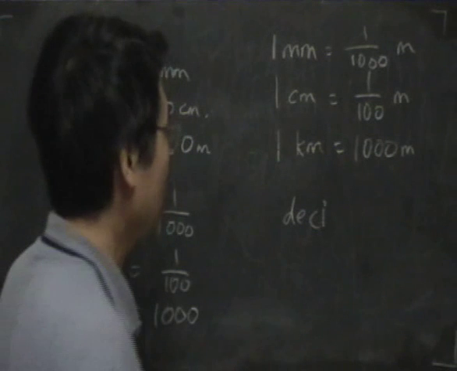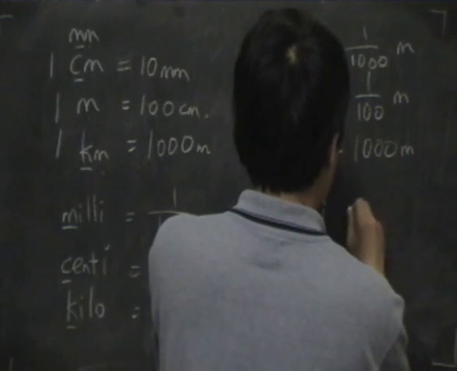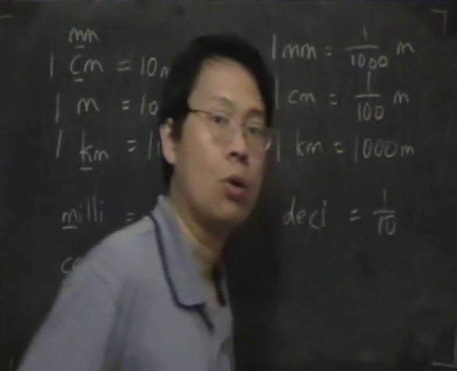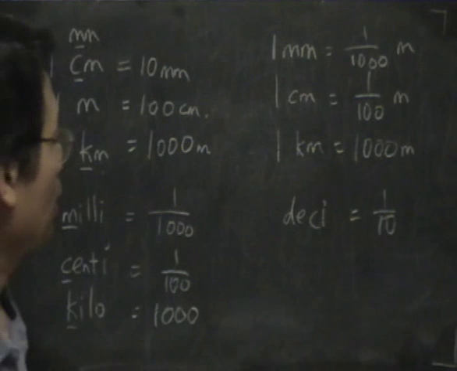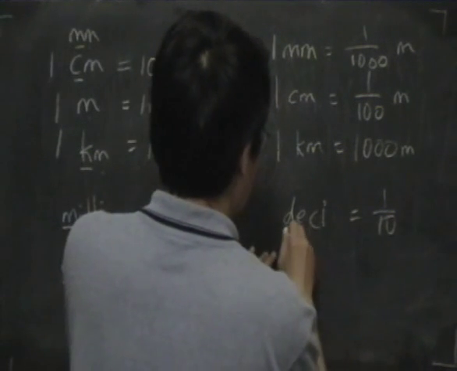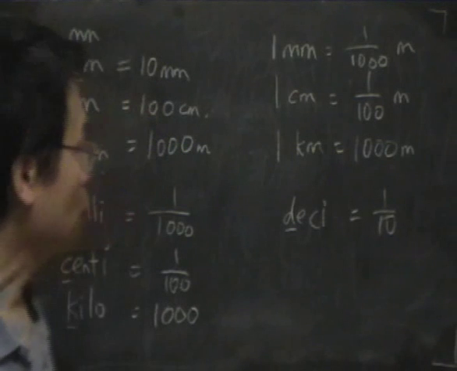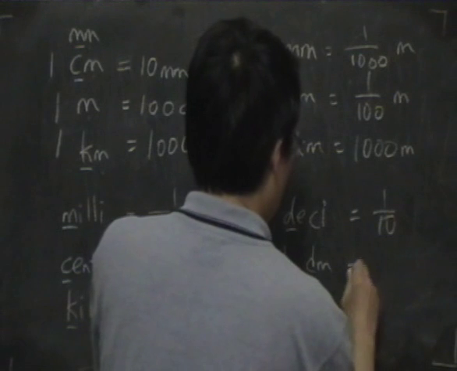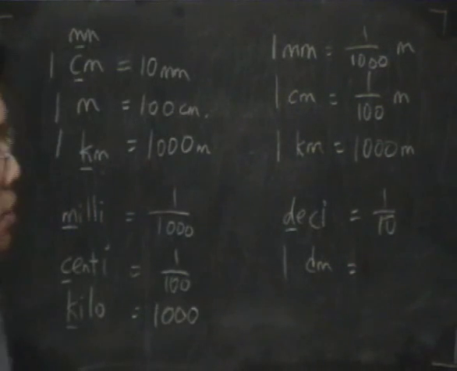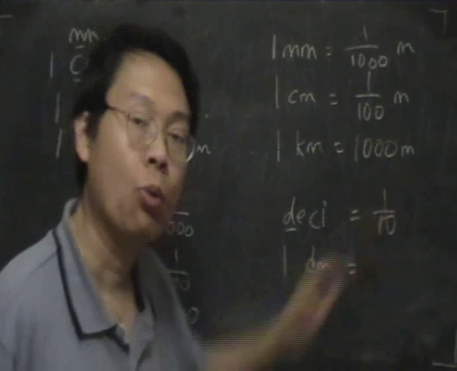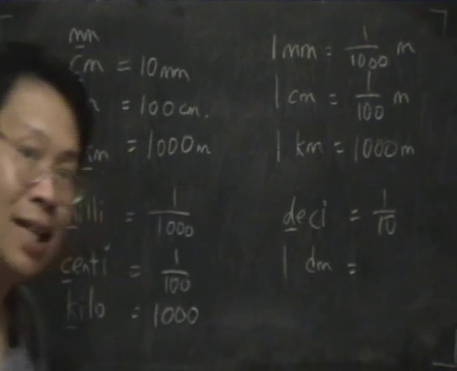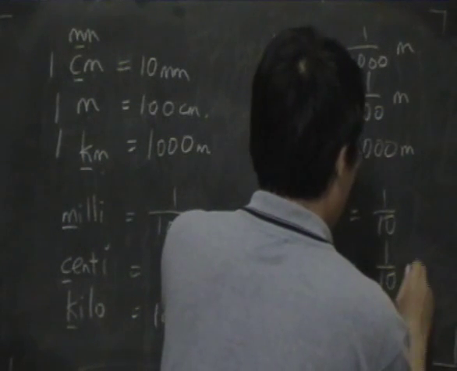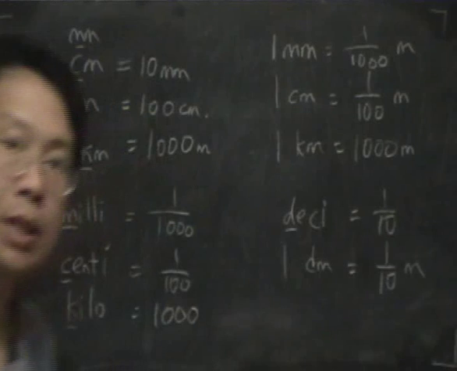Okay, deci means one over 10, and the letter is D. So for example, if I say 1 dm, D means 1 over 10, so 1 dm means 1 over 10 of a meter.